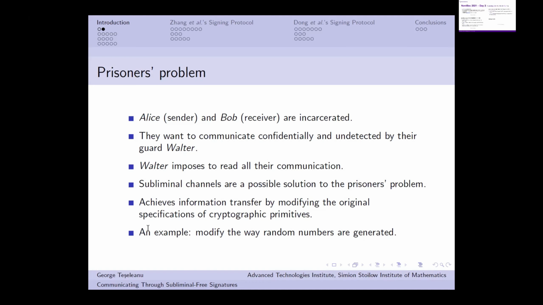So subliminal channels offer a possible solution to exactly this problem, and they achieve information transfer by modifying the original specification of cryptographic primitives. One such example is to modify the way random numbers are generated.